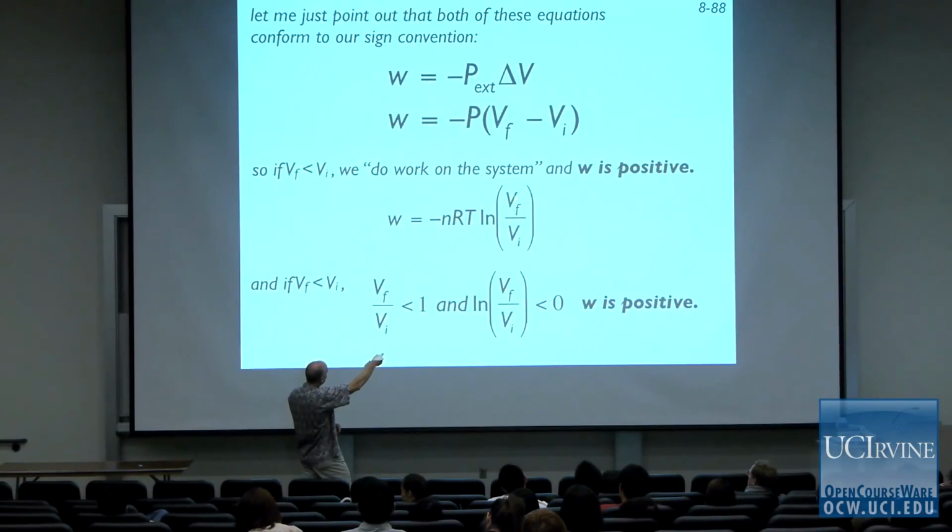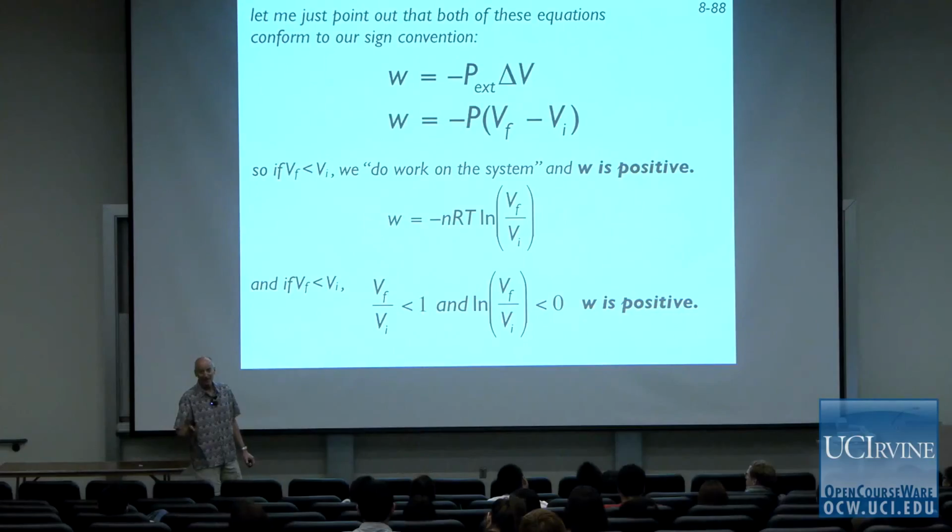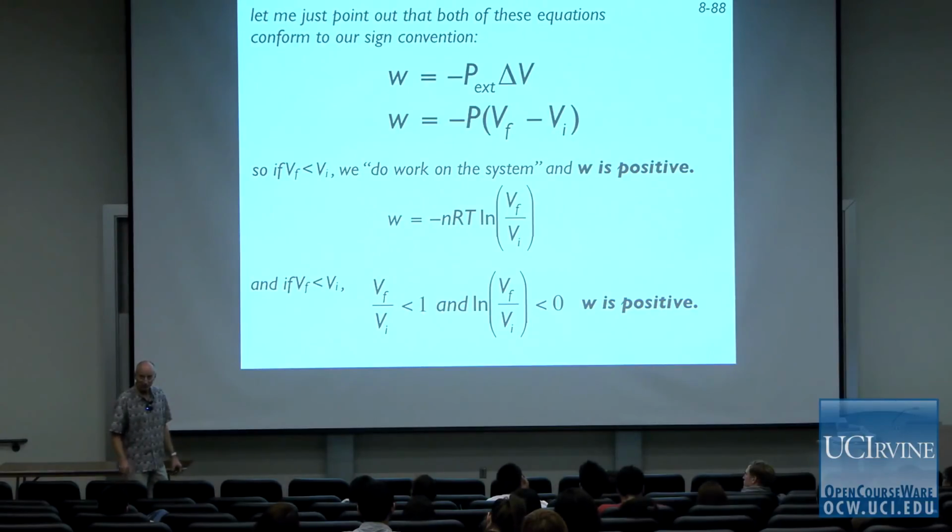If this V final is less than that V initial, then that ratio is less than 1, and the log of less than 1 is less than 0. So again, we cancel that negative sign and work is positive. So in both cases, if V2 is smaller than V1, work is positive. Try to keep that in the back of your mind because that's a check on your answer. The last thing you need to check on that answer is that sign. Did I make a sign error? So the sign is everything.